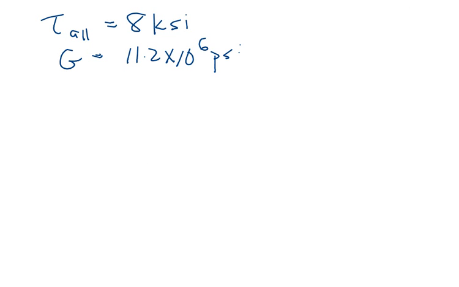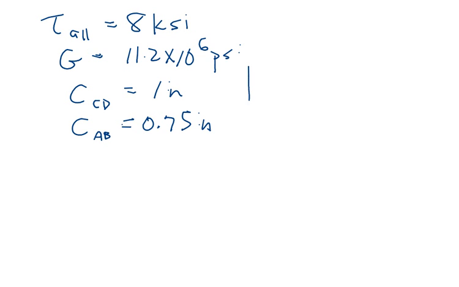So C meaning the largest radius, right? C of CD is 1 inch. C of AB is 0.75 inch. Okay. Radii of the gears.